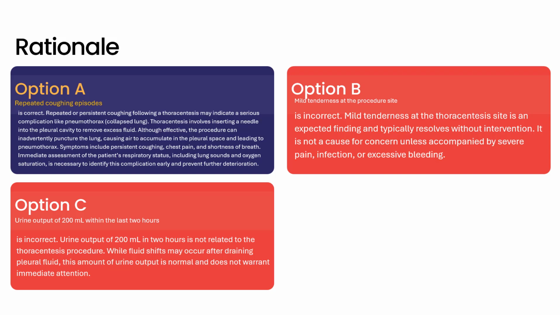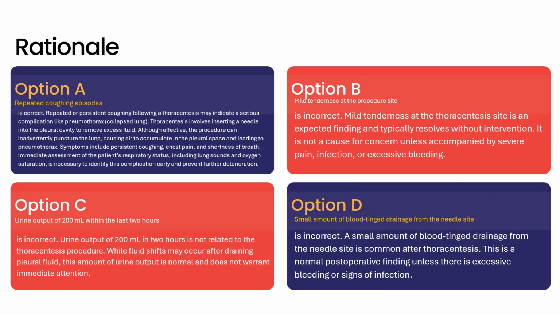While fluid shifts may occur after draining pleural fluid, this amount of urine output is normal and does not warrant immediate attention. D is incorrect. A small amount of blood-tinged drainage from the needle site is common after thoracentesis. This is a normal post-operative finding unless there is excessive bleeding or signs of infection.